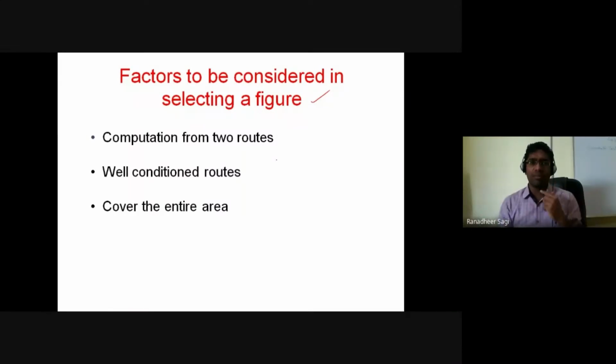It totally depends on the accuracy of the work you are looking at, and on the area over which that particular stretch is spread. Depending on the area in which you are carrying out your survey, you will take a decision. One thing you should keep in mind is that you should have a minimum of 2 routes by which you can find the unknowns in that triangulation network.